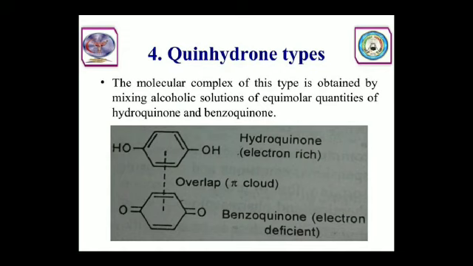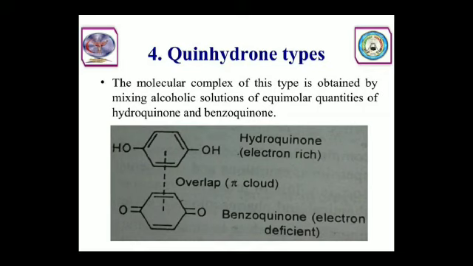These complexes settle as green crystals. They can dissociate into individual components in aqueous solution when saturated. Quinhydrone complexes are used for determination of pH, acting as an electrode.